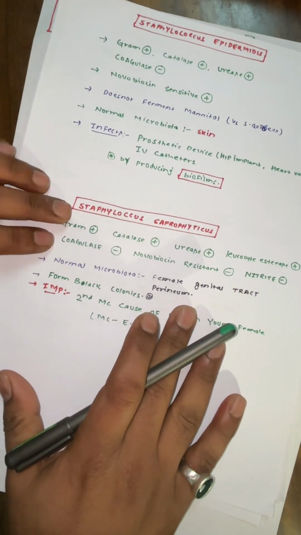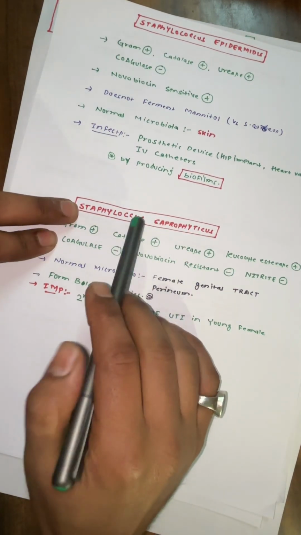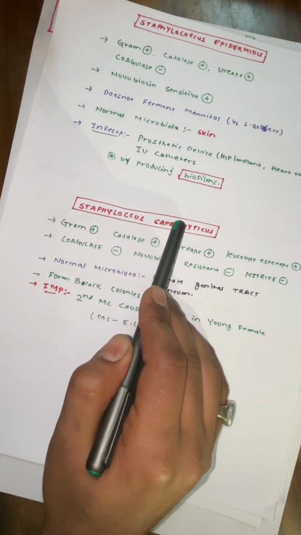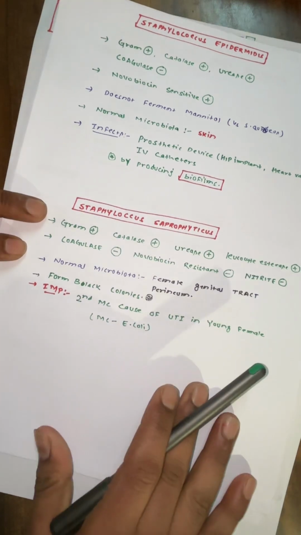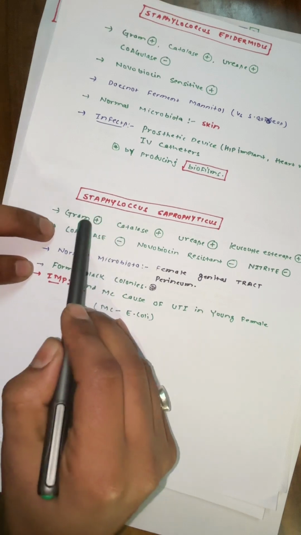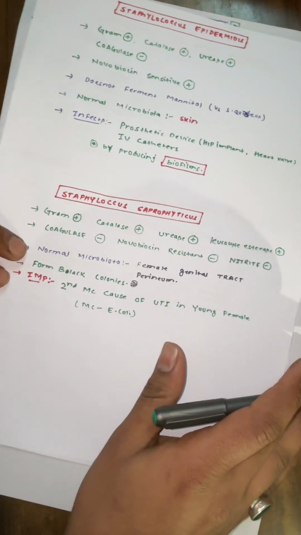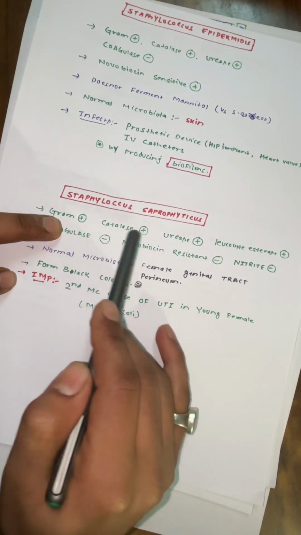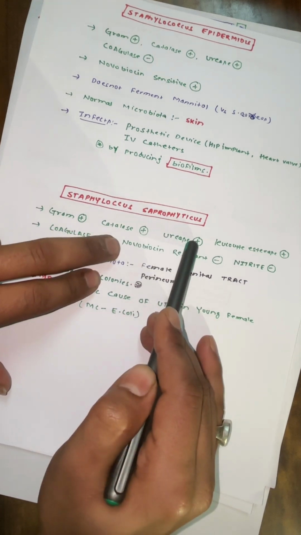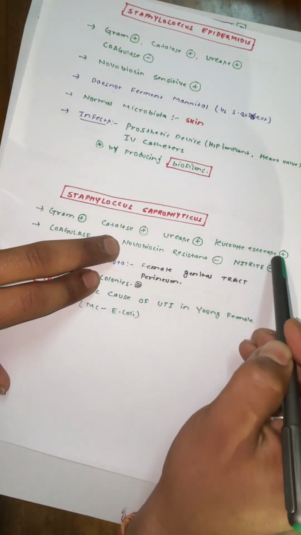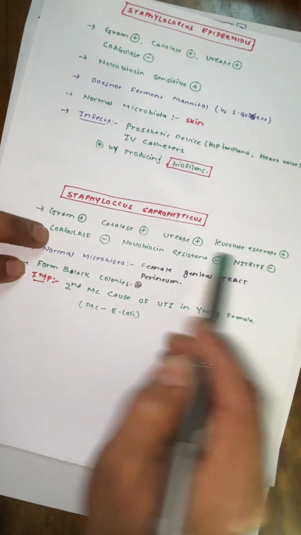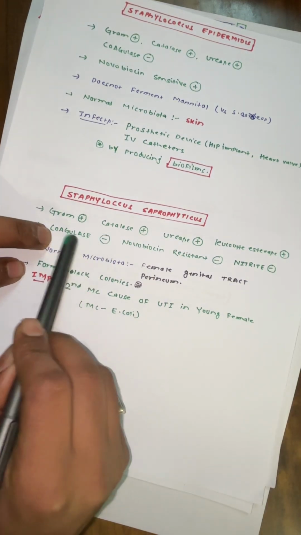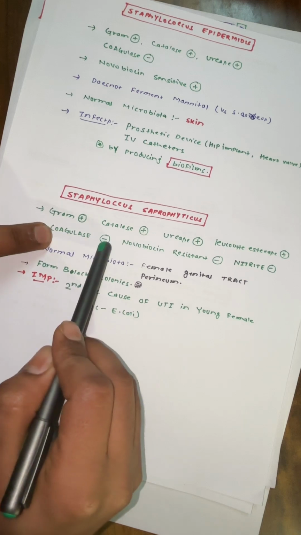Now the next member of Staphylococcus, last but not the least, Staphylococcus saprophyticus. Its lab profile: it is also gram positive, catalase positive, urease positive, leukocyte esterase positive, and the key thing is it's coagulase negative, which differentiates it from Staphylococcus aureus.